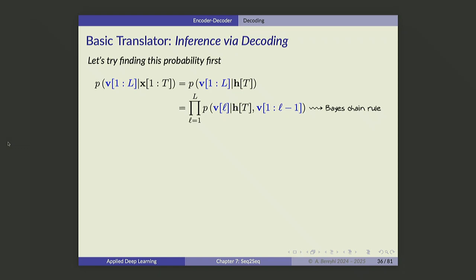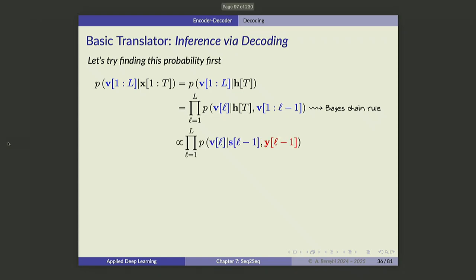You would say the probability of the first token given the hidden state, times the probability of the second token given the first token and the hidden state, times the probability of the third token given the first and second tokens and the hidden state, and so on, up to the probability of token L given the hidden state and all tokens before. This is the chain rule in probability, not the chain rule in calculus, right? The Bayes chain rule.